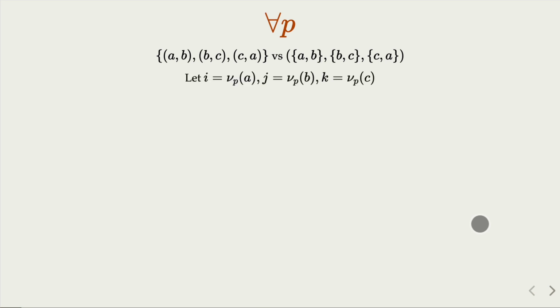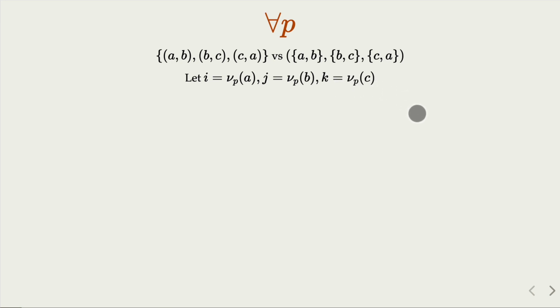So for example, ν_p(A) is going to be i, ν_p(B) is going to be j, and ν_p(C) is going to be k. Now i, j, k could be 0, right? If p appears in A but does not appear in C, then in this case k would be 0.